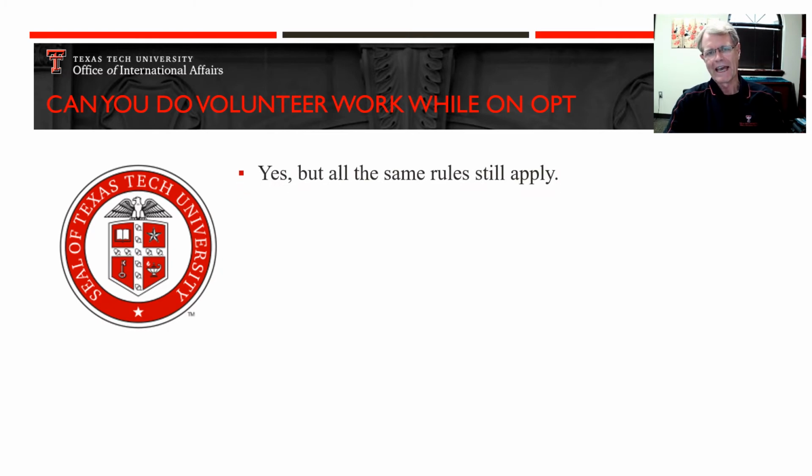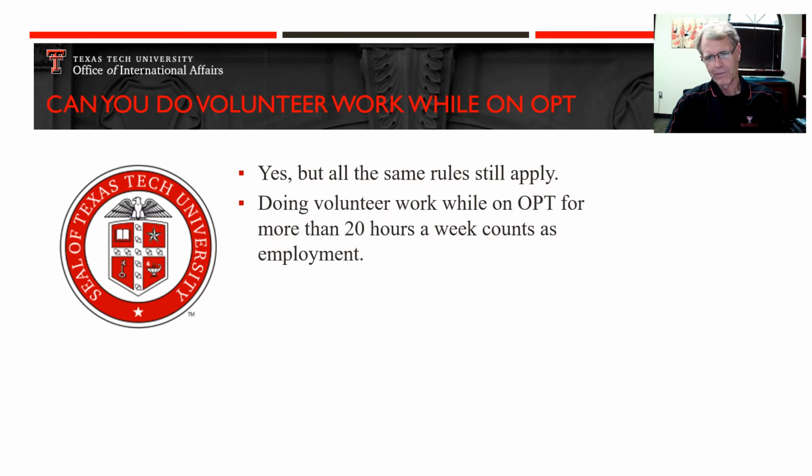So yes, you can. You can volunteer while you are on your OPT, but all of the rules regarding OPT still apply. For example, you're required to work full-time when you are on OPT. Otherwise, you would be accruing unemployment time.